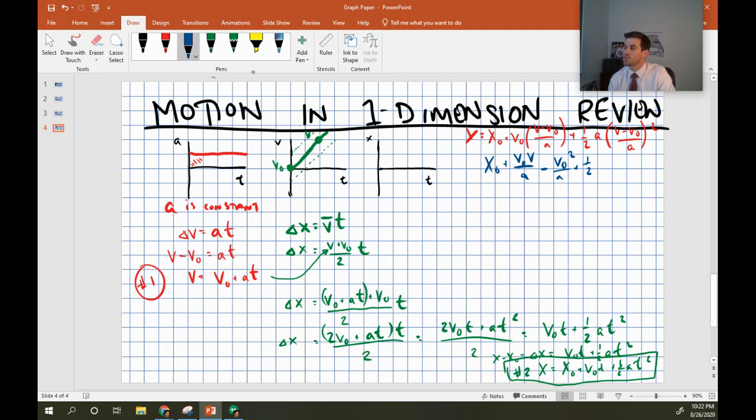Actually, I guess I have to square it first. Gross. When I square a value like this, squaring the top, that would be v squared minus 2 v naught v plus v naught squared all over a squared.